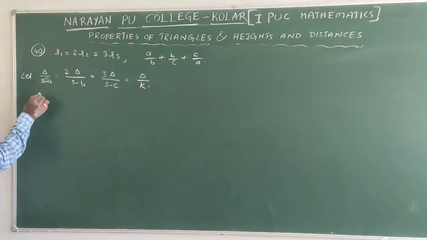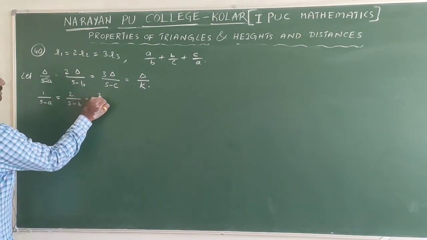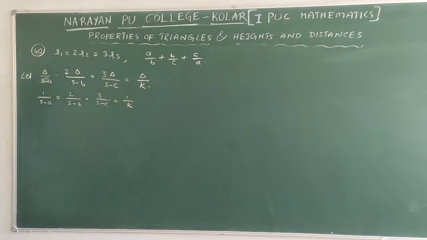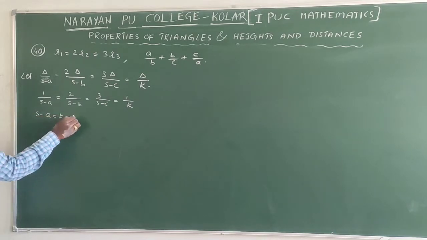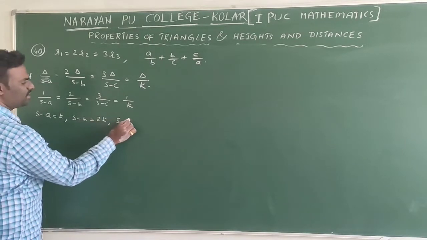Now from this, 1 by S minus a, 2 by S minus b, 3 by S minus c is equal to 1 by K. If you equate this, you will get S minus a equals K, S minus b equals 2k, S minus c equals 3k.